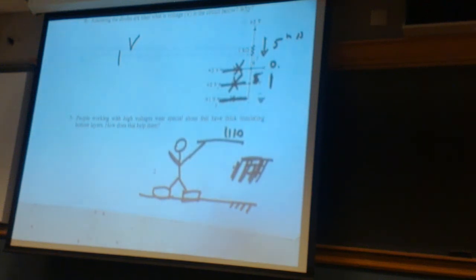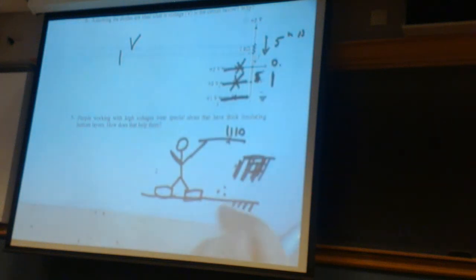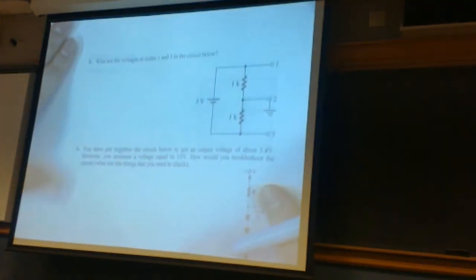So there is a voltage difference between these two, and I'm sitting in between. So if I don't have high enough resistance, there's gonna be a current going through me. So if I put resistance in series with my body, that resistance is in series with my body, so that's gonna limit how much current is gonna pass through me. And then I don't get killed.